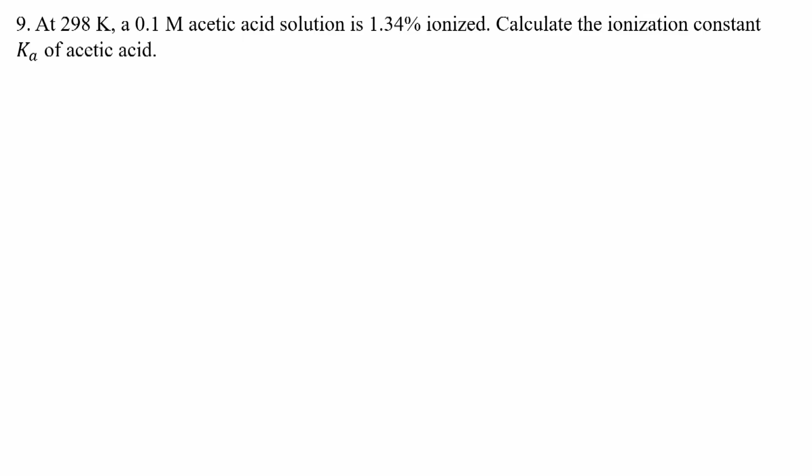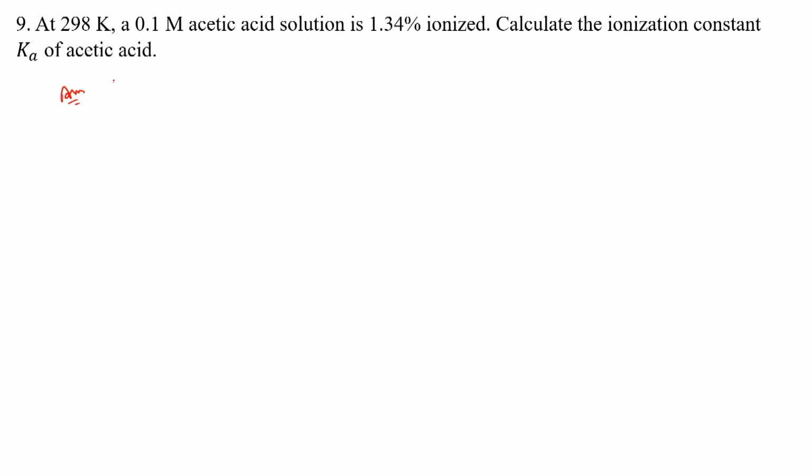Next we discuss problem number 9. It says at 298 K, a 0.1 molar acetic acid solution is 1.34% ionized. Calculate the ionization constant Ka of acetic acid.